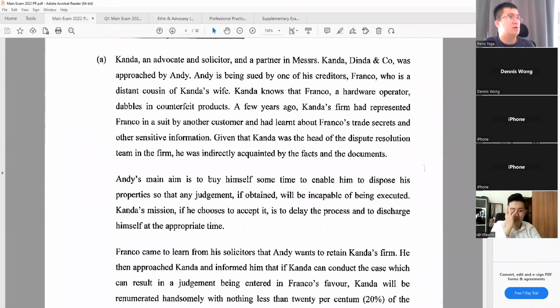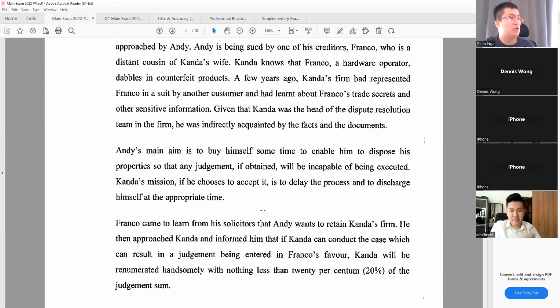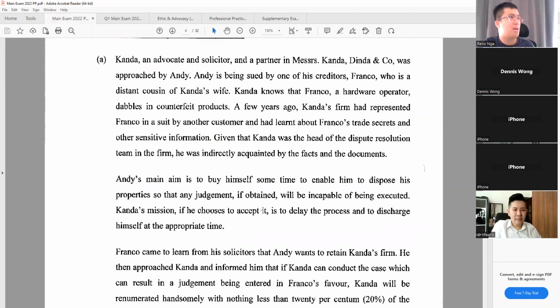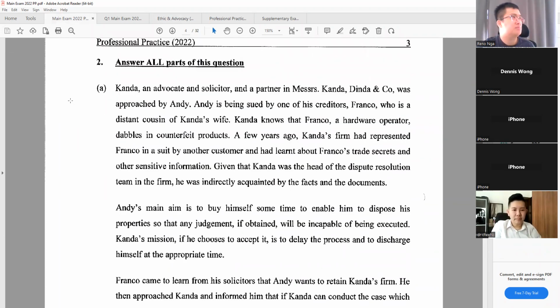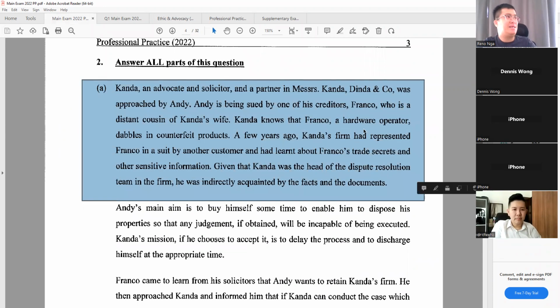Okay, shall we continue? Quite a long question, let me take a glance. Never mind, we go through one by one. An advocate and solicitor, a partner in Kadan, Dista and Co., was approached by Andy. Andy is being sued by one of his creditors, Franco, who is a distant cousin of Kadan's wife.